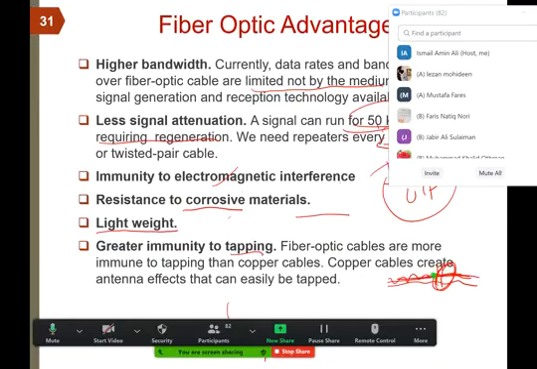Unless you cut the fiber and connect it again and add something, but in that case you'll notice, because there will be a disruption in the service. So it's more immune to security breaches than copper cables.